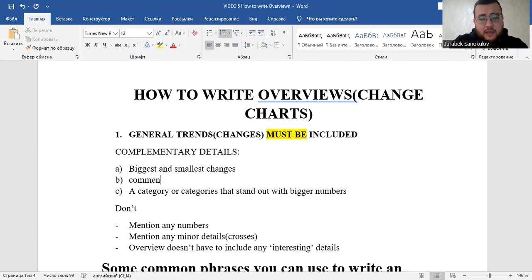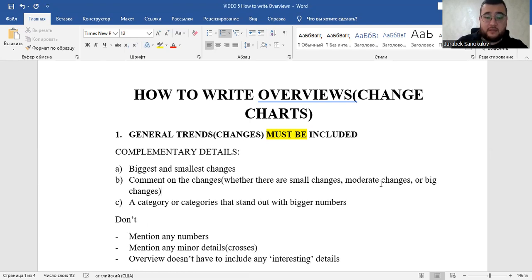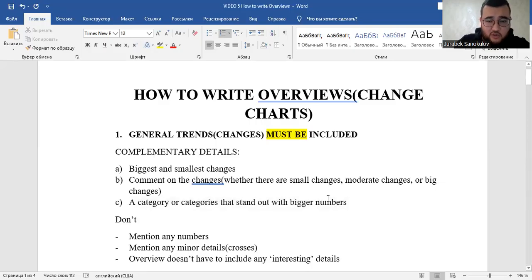Yeah, you can comment on the changes, whether there are small changes, moderate changes, or big changes. And then you can also include a category or categories that stand out with bigger numbers. So that's what you can do.